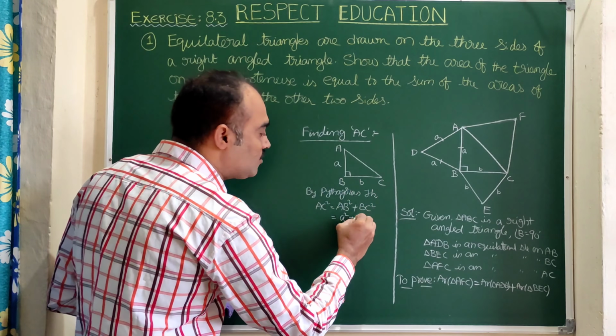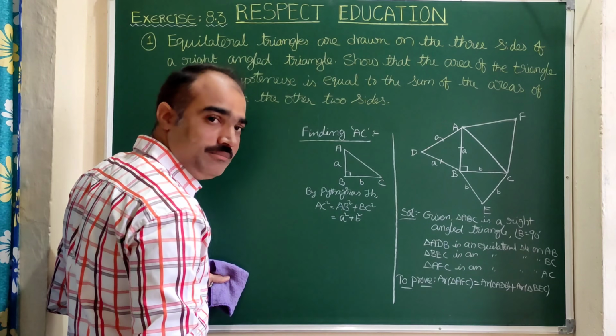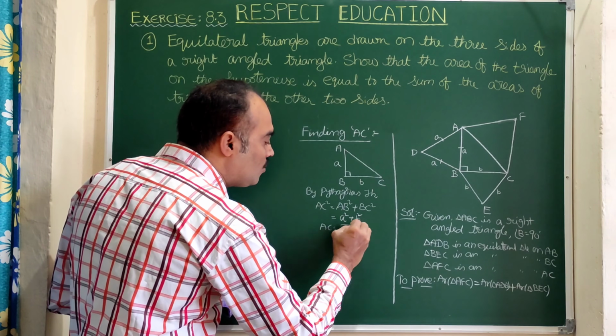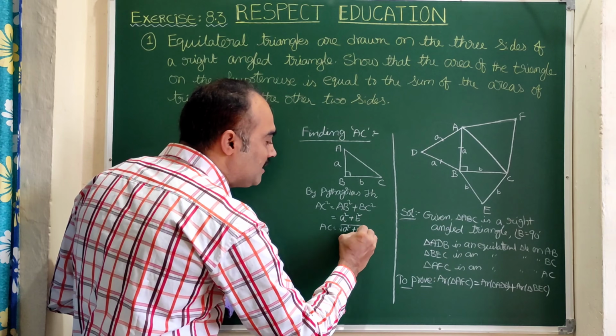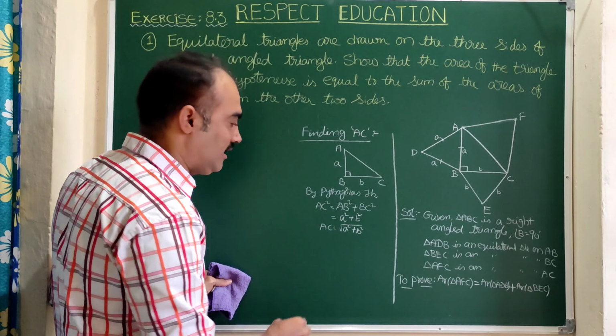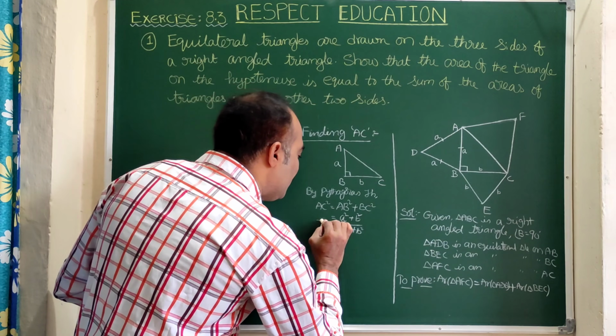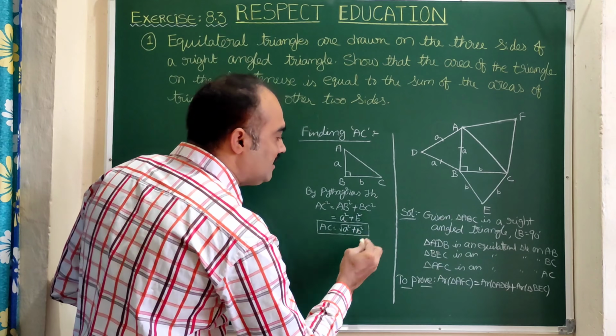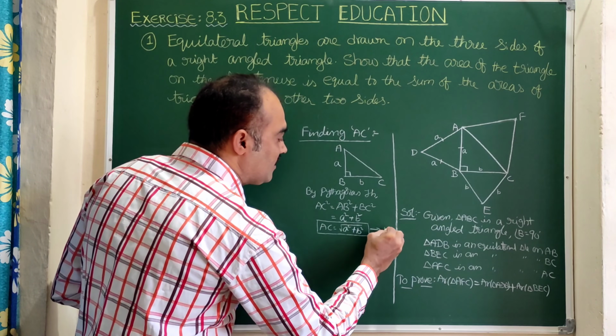BC is small b, so BC square will be b square. So finally, AC is under root a square plus b square. While solving the problem it may be required somewhere else, so we can take it as equation number 1.